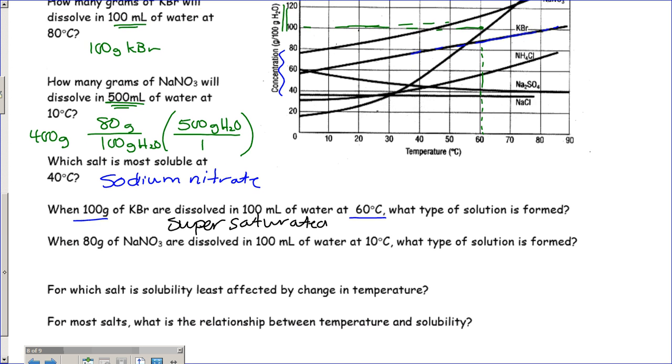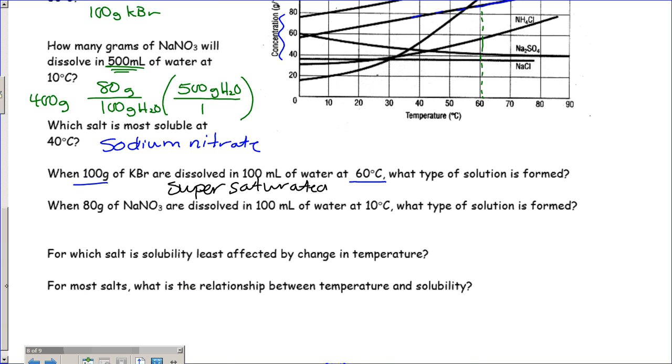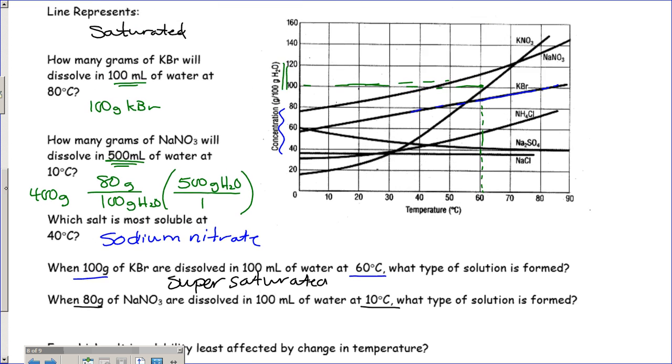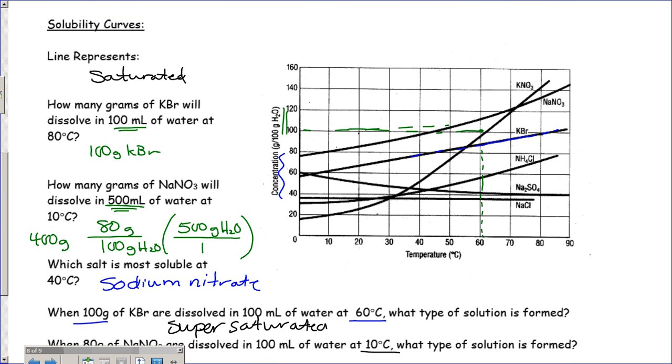Here's another similar question. What type of solution do we get when 80 grams of sodium nitrate are dissolved at 10 degrees Celsius? So we are going to find 10 degrees Celsius, follow that up to 80 grams right here.